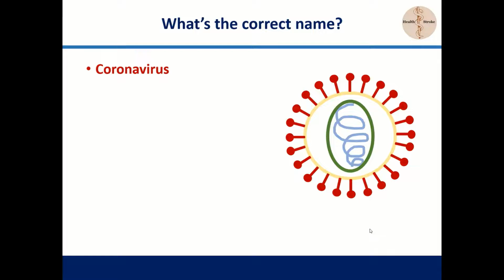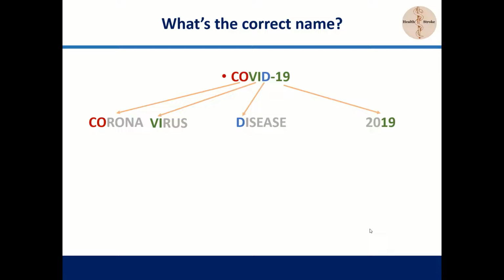Some of them cause common cold, and 3 of them have caused major or serious infection in humans, starting with SARS in 2003, then MERS infection in 2012, and now we have the COVID-19 or SARS-CoV-2 infection.